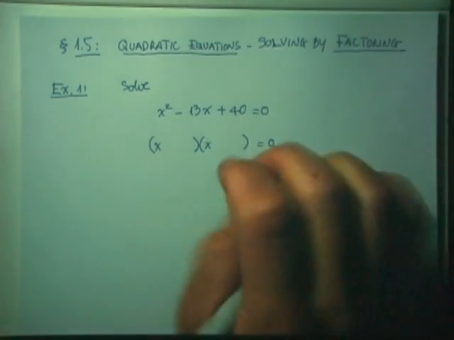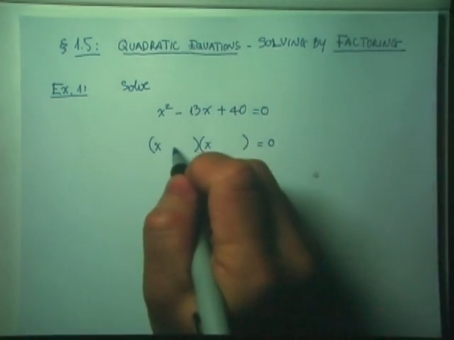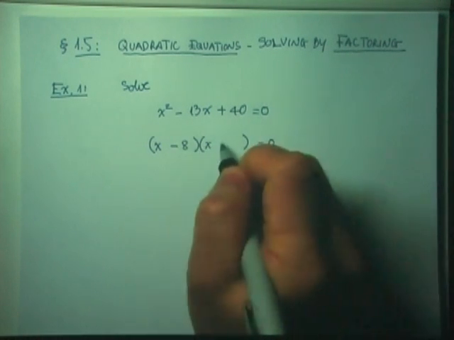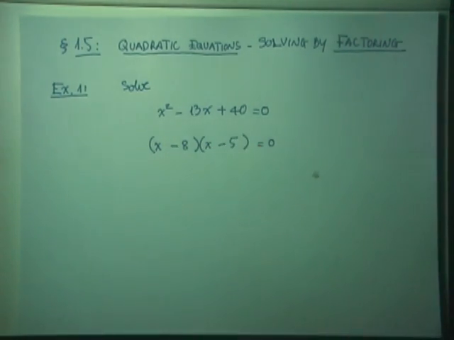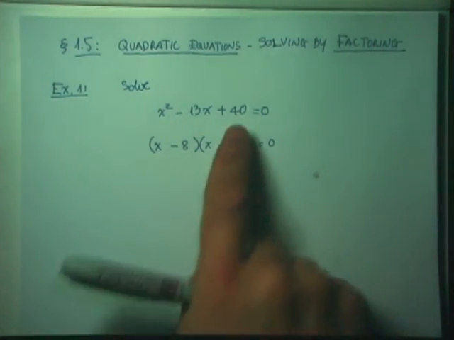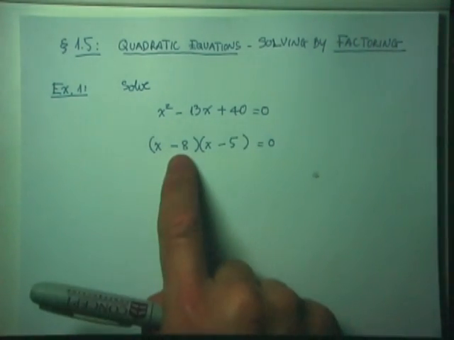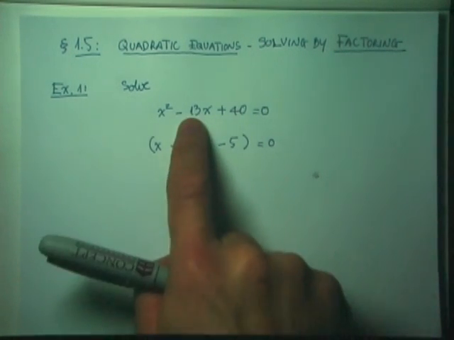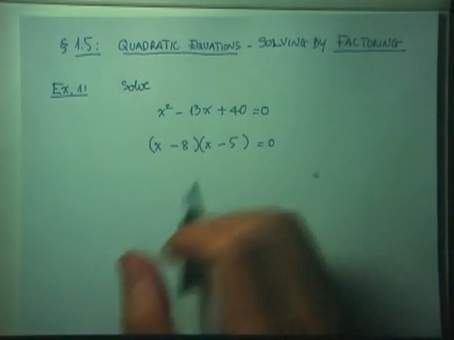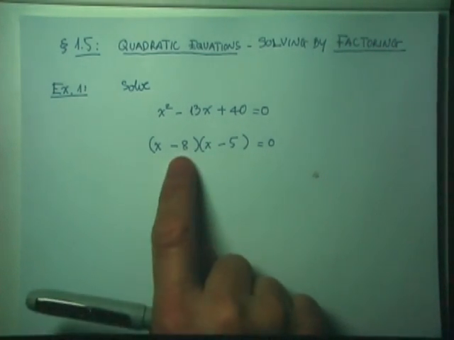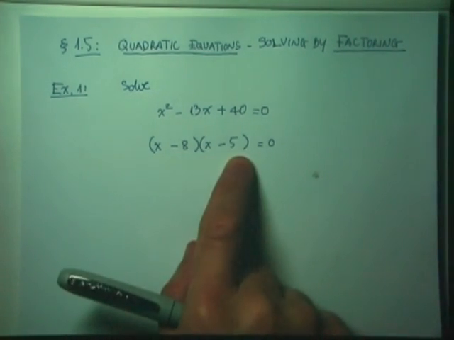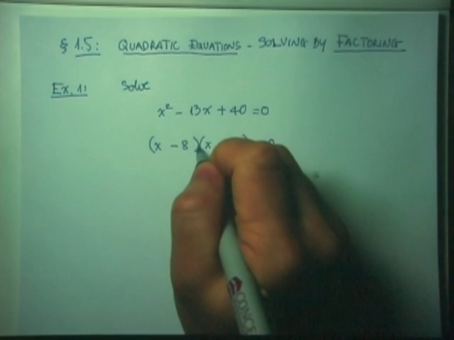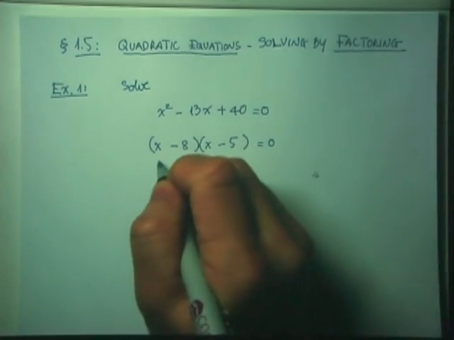I see that the two numbers are minus 8 and minus 5. The point here is that we're including signs with these numbers. I want to find two factors of 40, including signs, that are negative 8 and negative 5, so that when you sum them together, they're negative 13. So I have turned my quadratic into factored form.